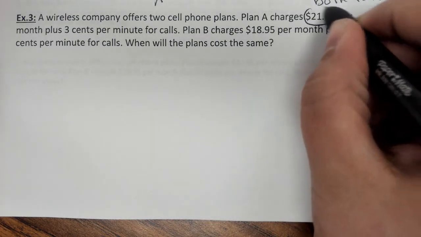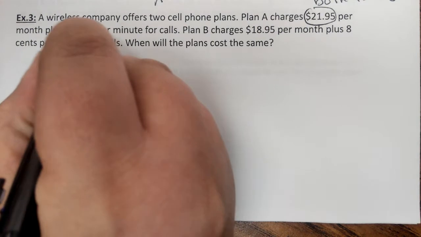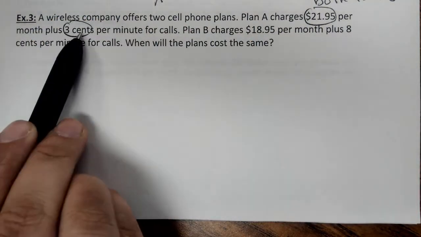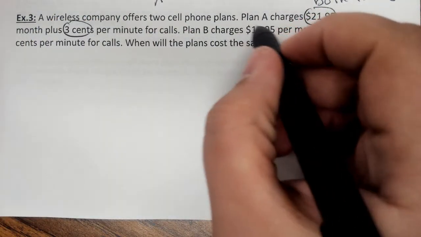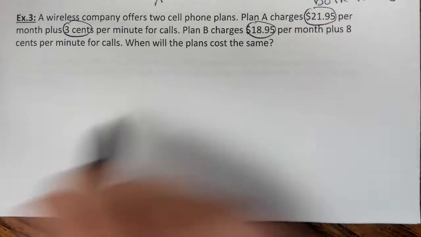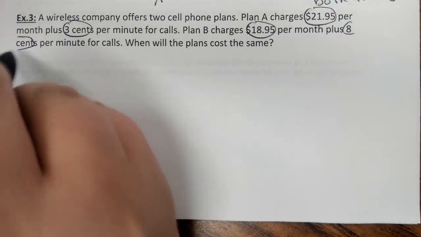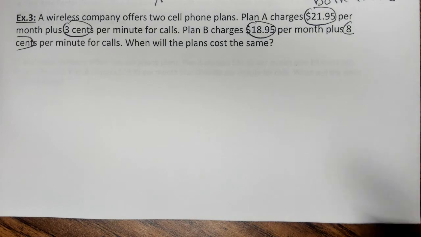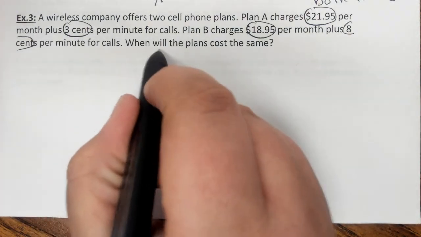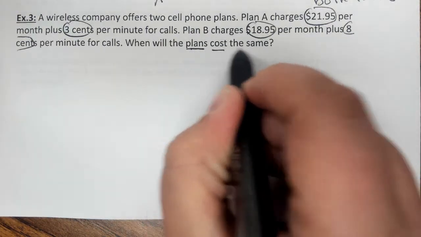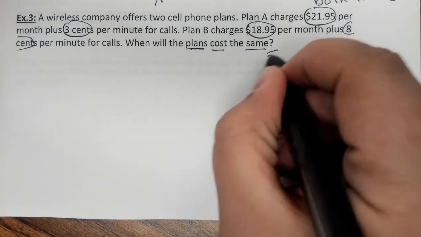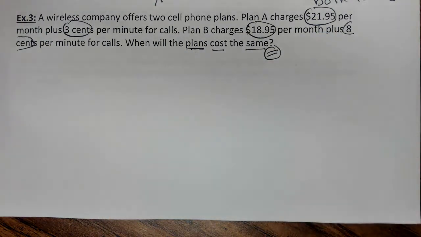Circle my important numbers. You'll notice I circled 3 cents instead of 3. And that's 8 cents. Okay. Underline the question. When will the plans cost the same? Same means equal, and we're comparing 2 plans.